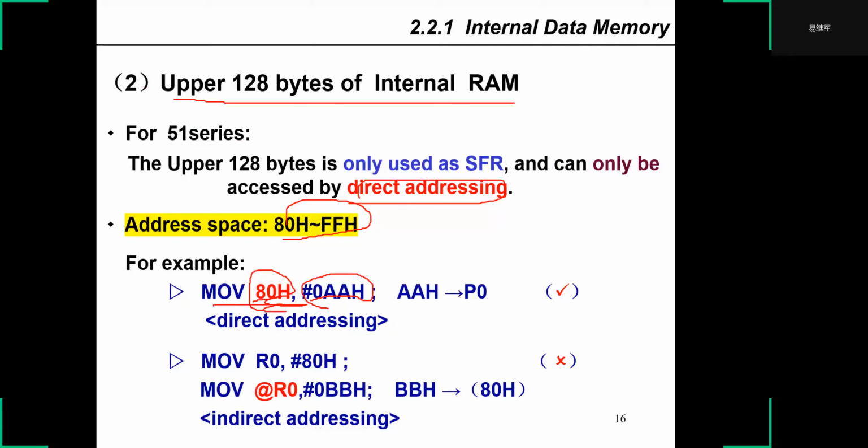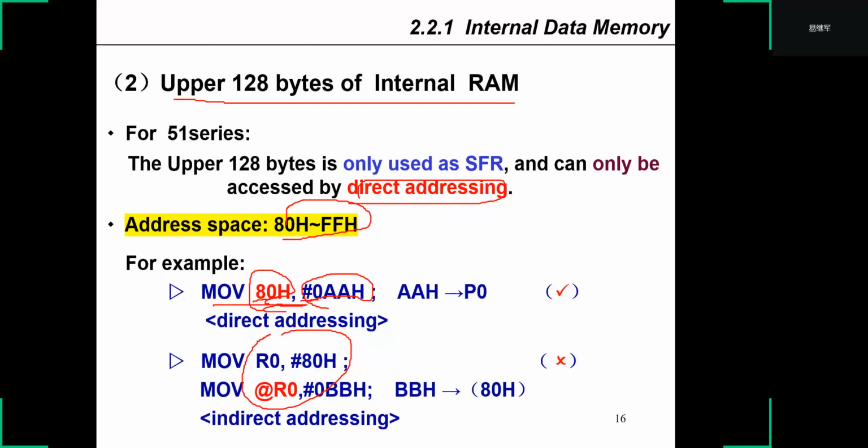You cannot use indirect addressing here. This is wrong. You need to know that if you put a pound sign before the number, it means this is just a number, not an address.